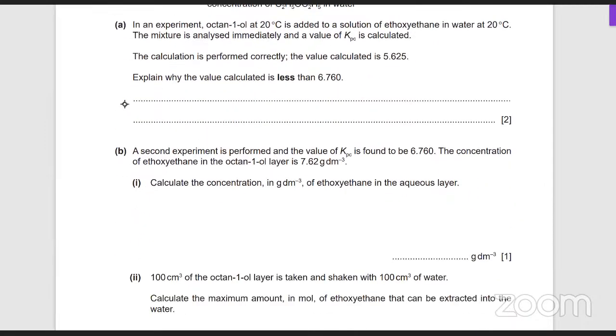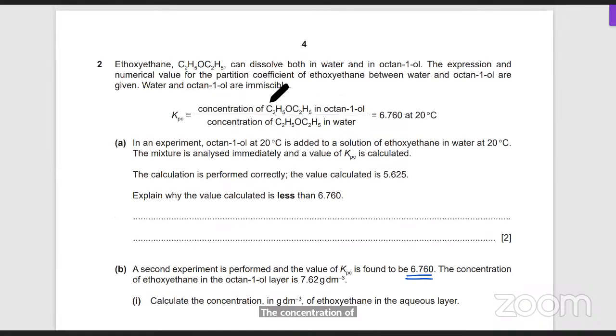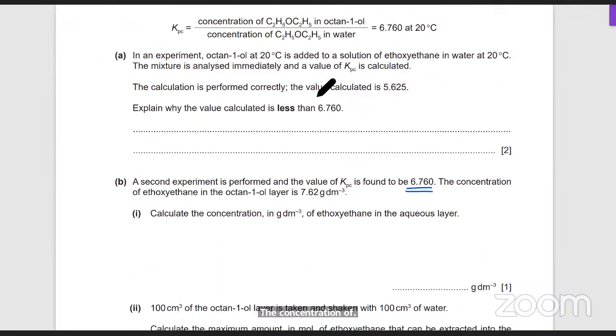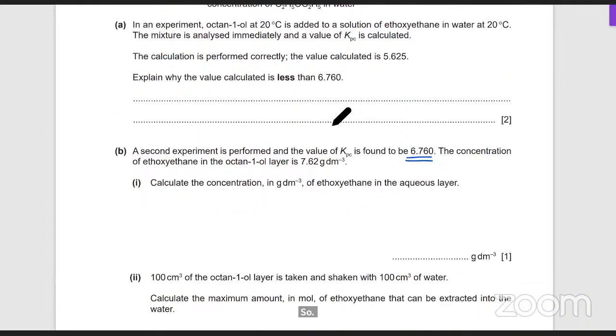अच्छा, a second experiment is performed and the value of KPC is found to be 0.670. ठीक है, KPC is given. अच्छा पहले तो वो देखो कि प्रॉब्लम क्या है कि ethoxy ethane is the solvent and दो layers हैं, octane 1-ol and water.